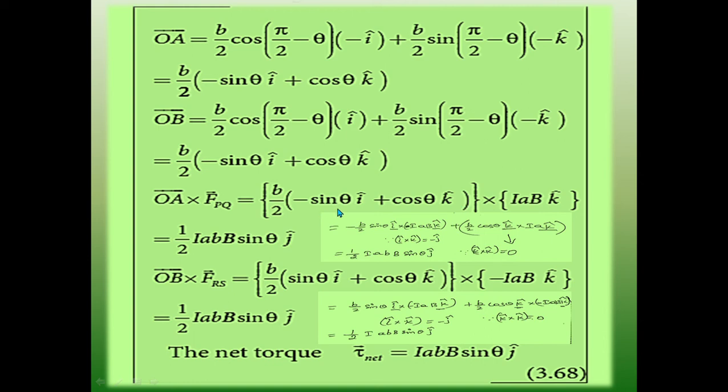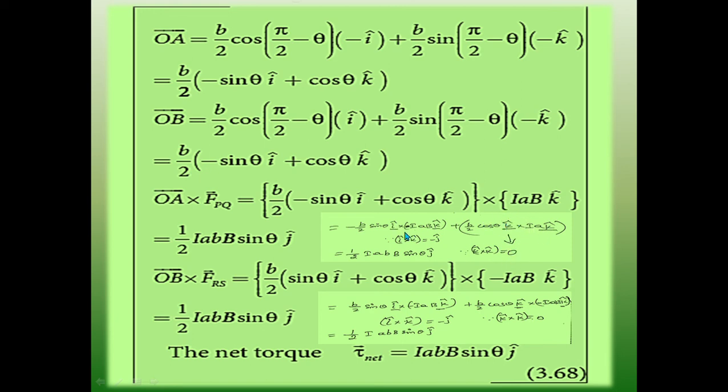Multiplying these two terms, we obtain minus b by 2 sin theta i cap into I small a capital B k cap, plus b by 2 cos theta k cap into IaB k cap. Here k cap cross k cap is 0, so this term is equal to 0.